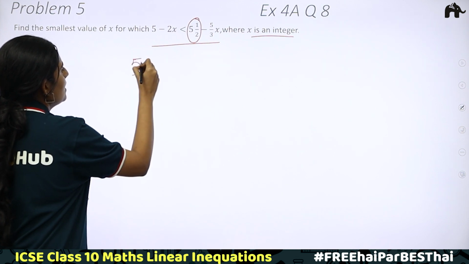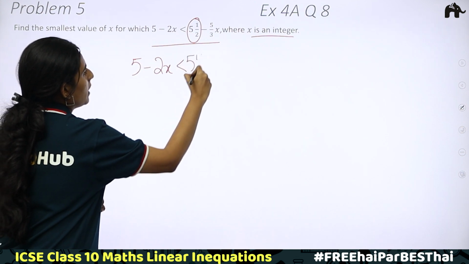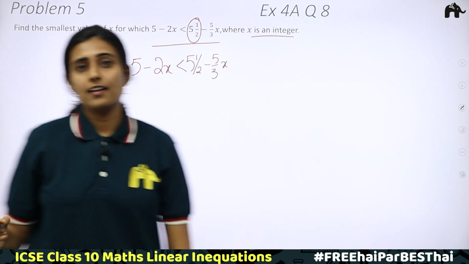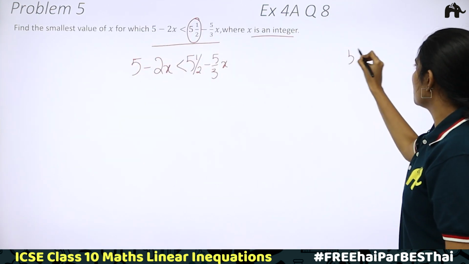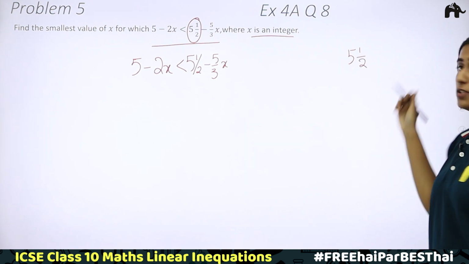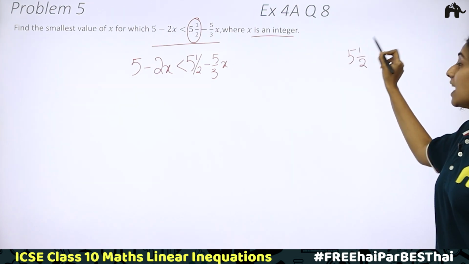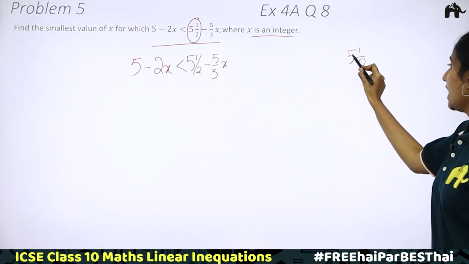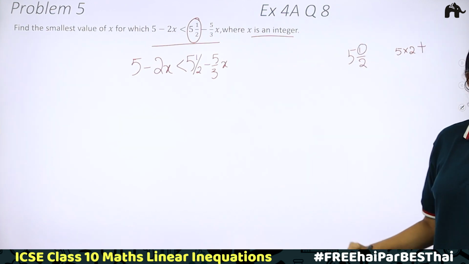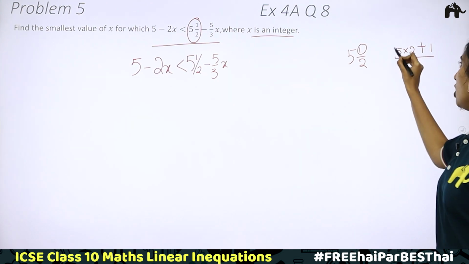So, the question is 5 minus 2x less than 5 1 by 2 minus 5 by 3x. Let's change this 5 1 by 2 to an improper fraction. How do you change to an improper fraction? We have to multiply these numbers and add the numerator. 5 into 2 plus this numerator term, that is 1, divided by the denominator part.